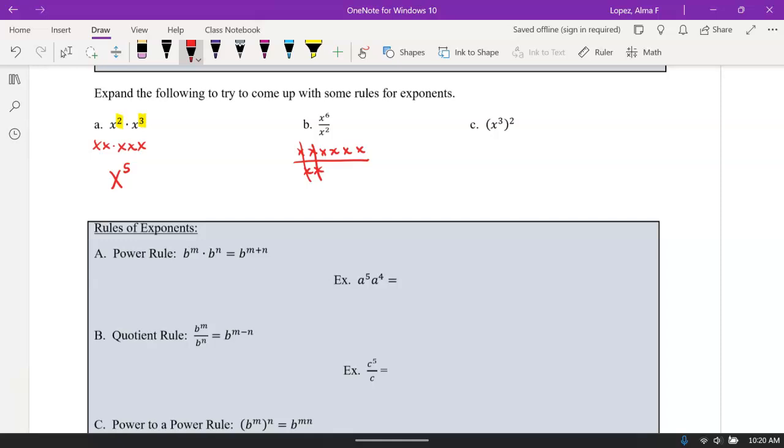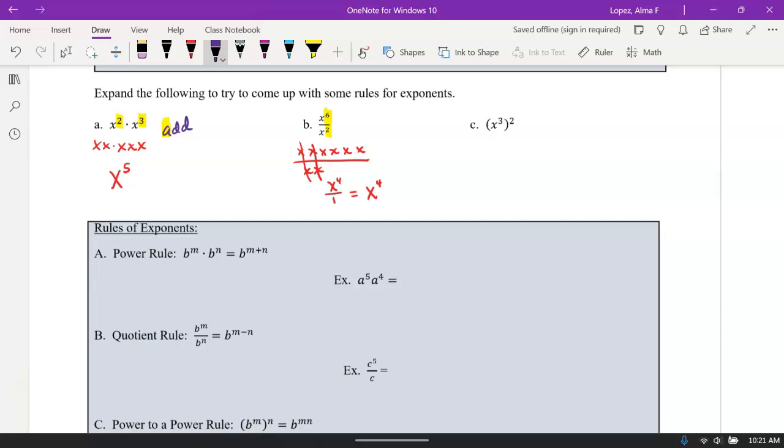But you're still going to be left with x to the 4th on the top, or x to the 4th over 1, which we know, of course, we'll just write as x to the 4th. So a neat rule that we need on this one is that the 6 minus 2 would get us that 4. So when you have like bases, 2 base x's that are being multiplied together, you want to add the exponents.